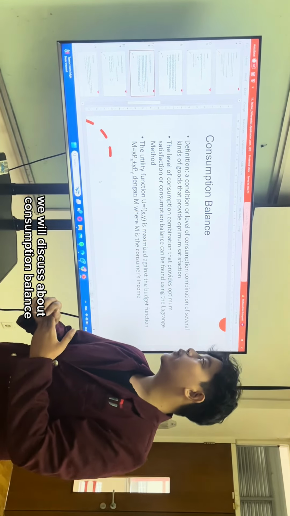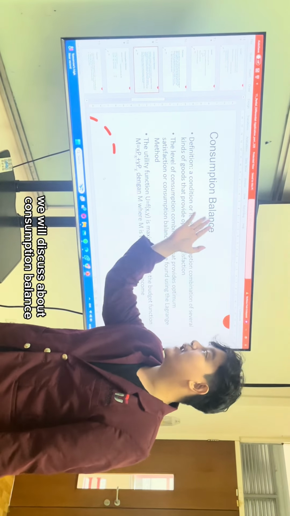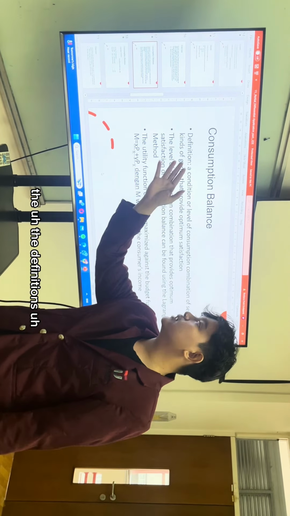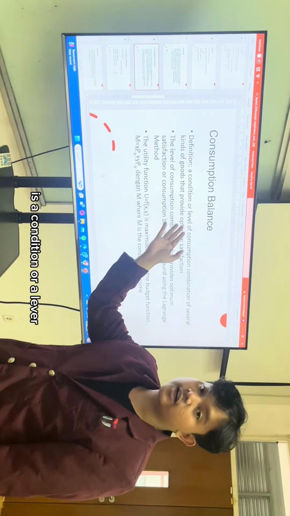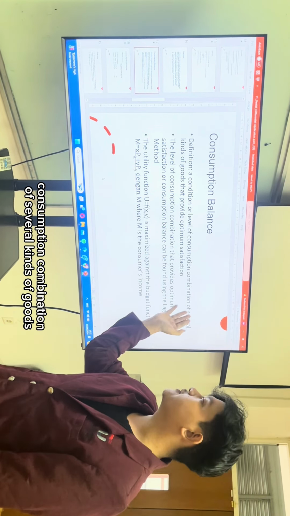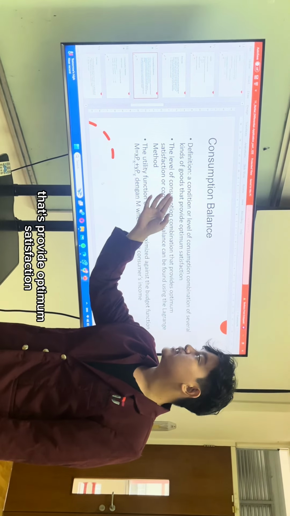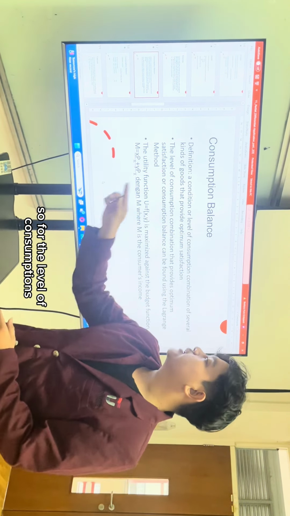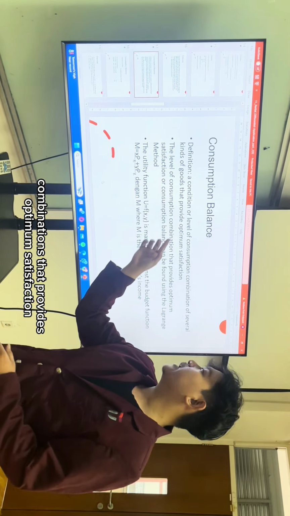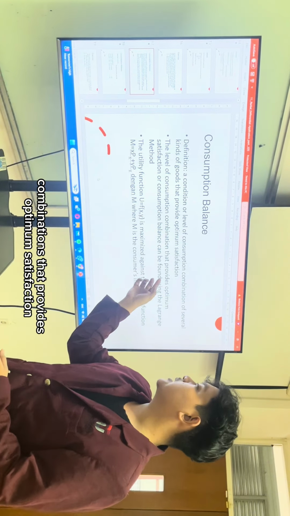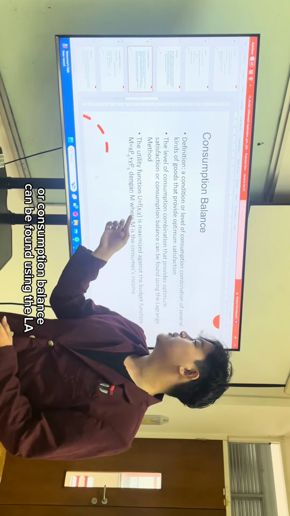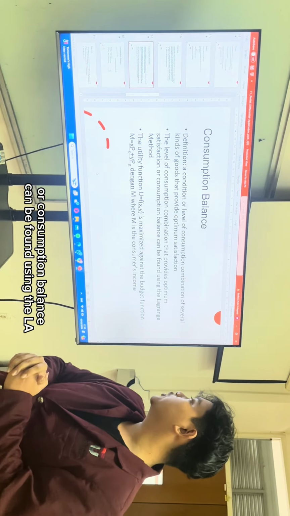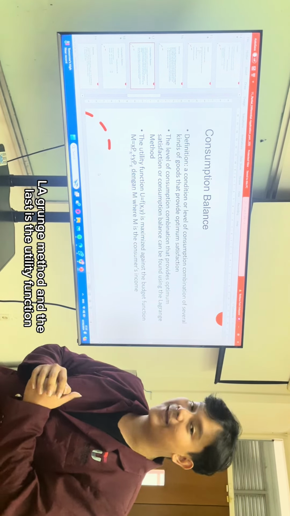Next we will discuss consumption balance. The definition is a condition of consumption, a combination of several kinds of goods that provides optimum satisfaction. The level of consumption combination that provides optimum satisfaction, or consumption balance, can be found using the Lagrange method.